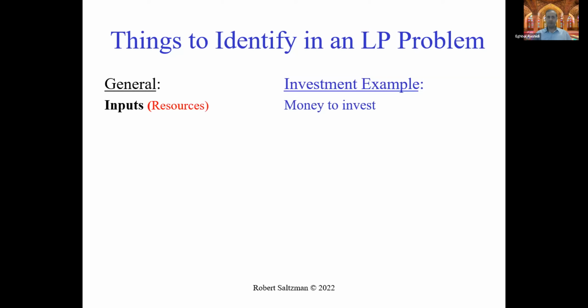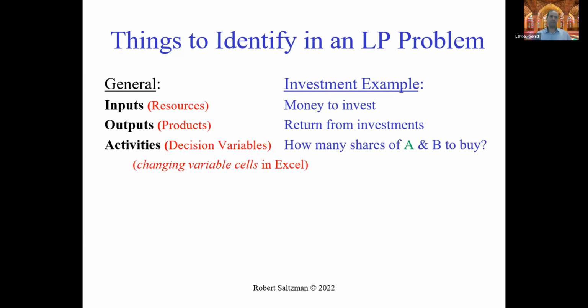The inputs are our resources, and that's the money we want to invest. We have $1,000. What is the output? The output is the rate of return on investment after a year. What are the decision variables or activities here? How many of stock A and stock B we should purchase. What are the constraints? We have three constraints.